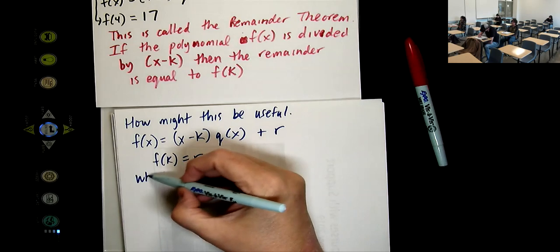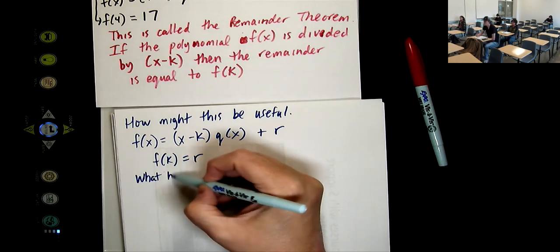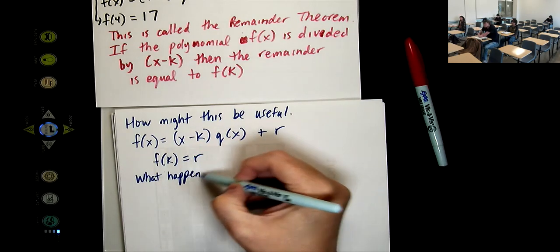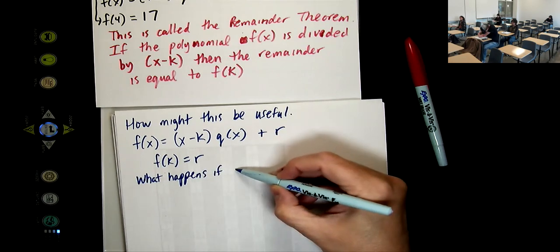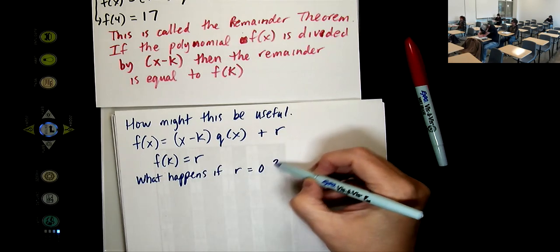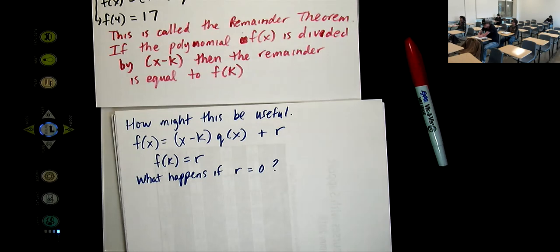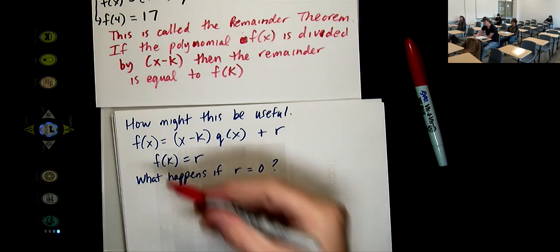What happens if r is 0? There's no remainder.